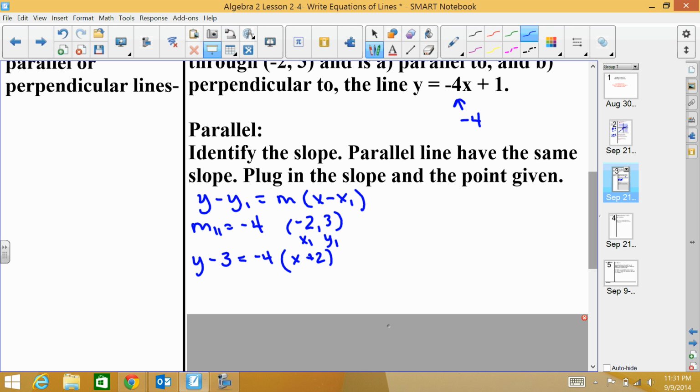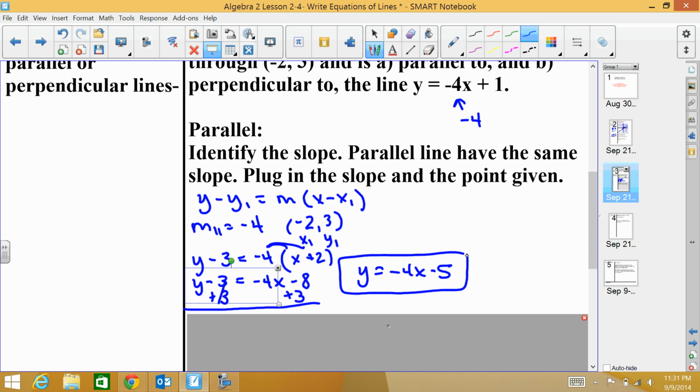So I need to get it into slope-intercept form still, so I would have to distribute. So I would have y minus 3 equals -4x minus 8. So then I would have to get y by itself, so I would add 3 to both sides. And so I get y equals negative 4x minus 5.